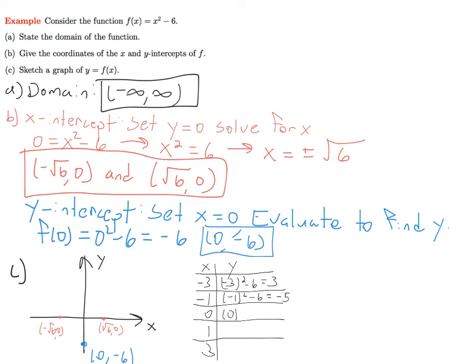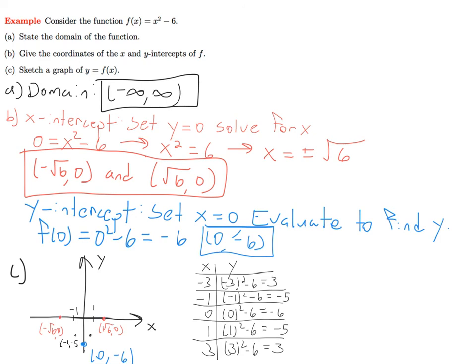Plugging in 0, well, that would give me the y-intercept, which we've already found, at minus 6. Plugging 1 in would give me minus 5, and plugging 3 into the formula for f would give me a positive 3.